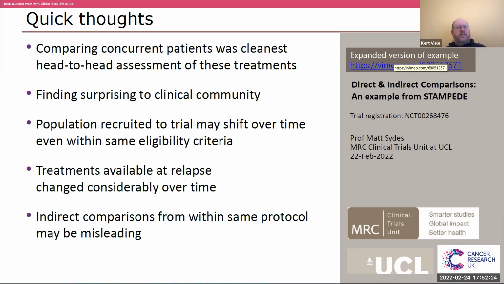Sorry, so this is Kurt Feely. To start off, I agree with the comments made by Lisa and others beforehand. I certainly think non-concurrent controls are vastly superior to historical data and real-world evidence.